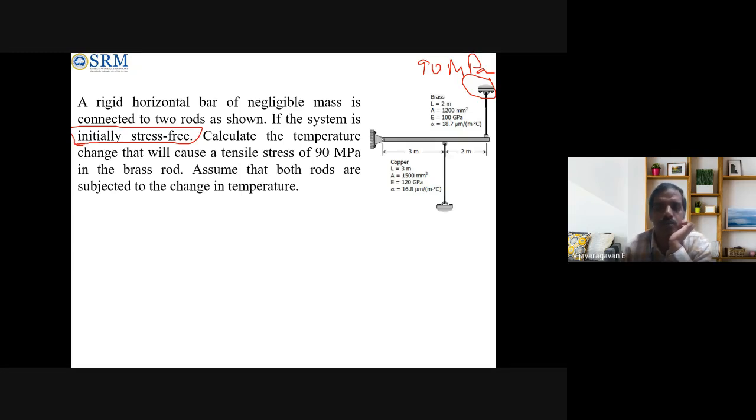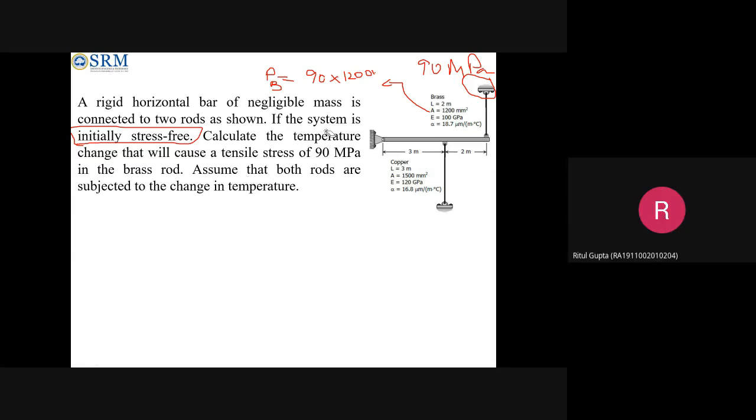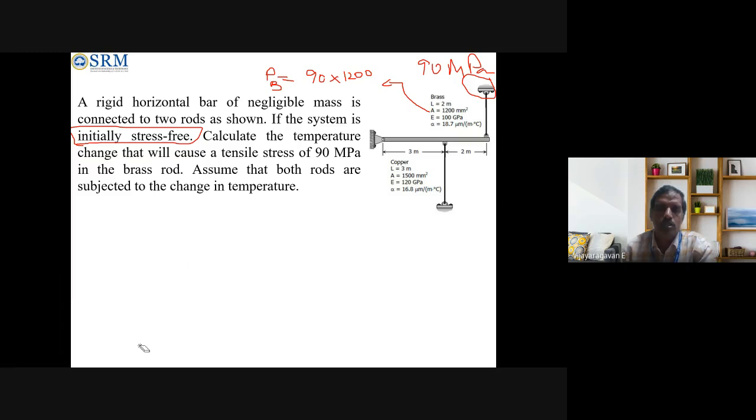Now find this load. So 108 kilonewton. Yes, 108 kilonewton. Okay, that completes the first part.